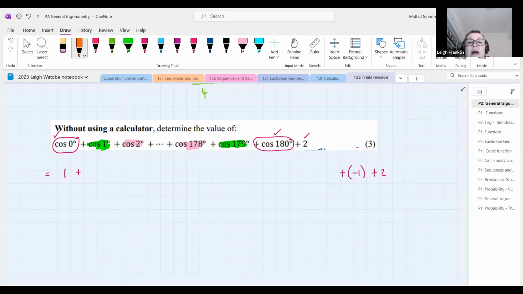So in other words, what we're doing here is we're actually using our reduction formulae. You can write the cos of 179, for instance, as the cos of (180 minus 1). Does that make sense to everybody?